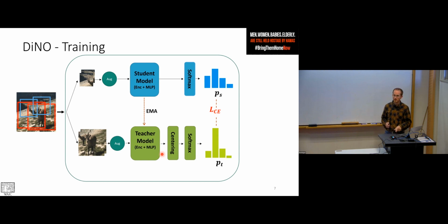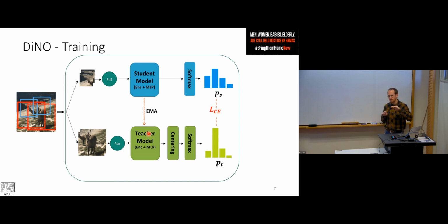Okay? Yeah. The teacher is trained for the student? No, they are trained simultaneously. The student is updated with the gradients, and the teacher is updated by an exponential mean over the weights of the student. So they are copies of the same model.